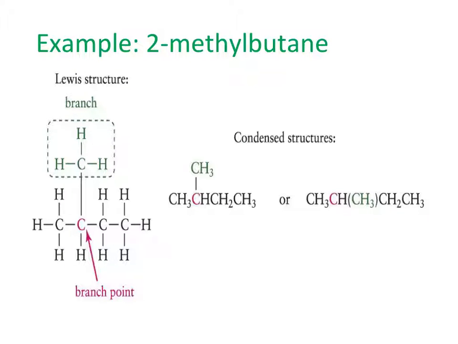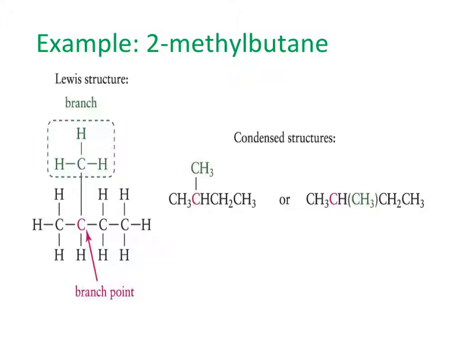So let's look at this example. Here we can see we have 1, 2, 3, 4 carbons constituting our longest continual carbon chain. However, instead of two hydrogens on this carbon, we have one hydrogen here, but we branch off to another carbon group.